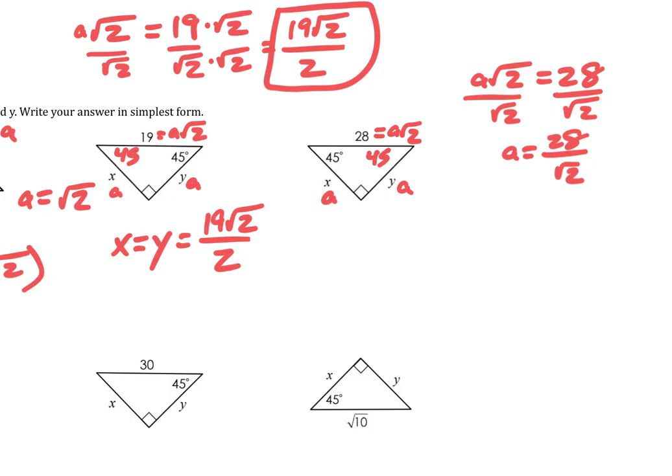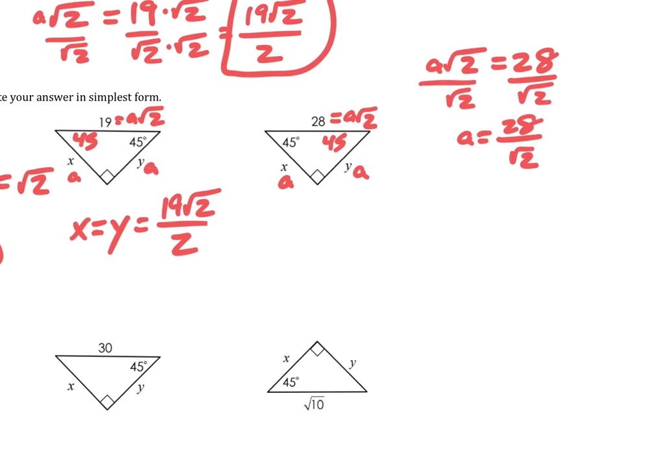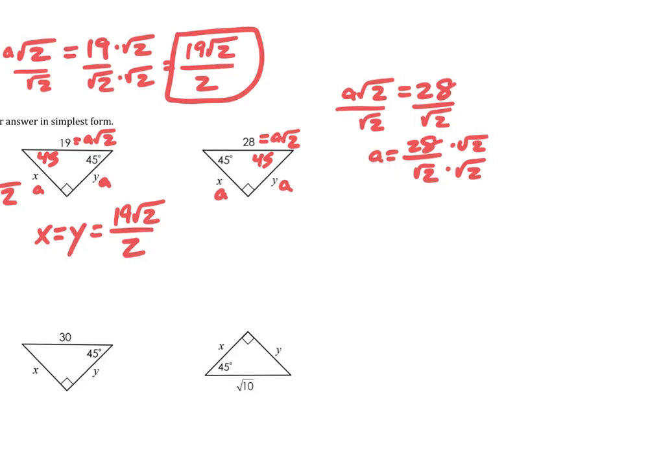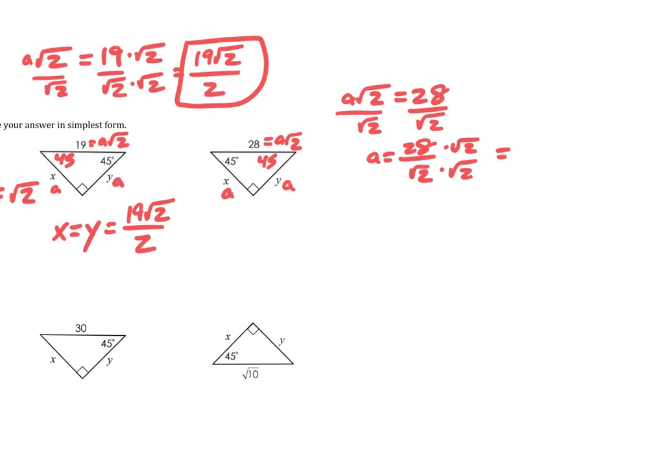When I divide by radical 2, I can't leave it like this, so don't ever write your answer as 28 over radical 2. That is not simplified. We can't have a radical on bottom. So now we're going to multiply by radical 2 over 2. Which is 28 radical 2 over 2.